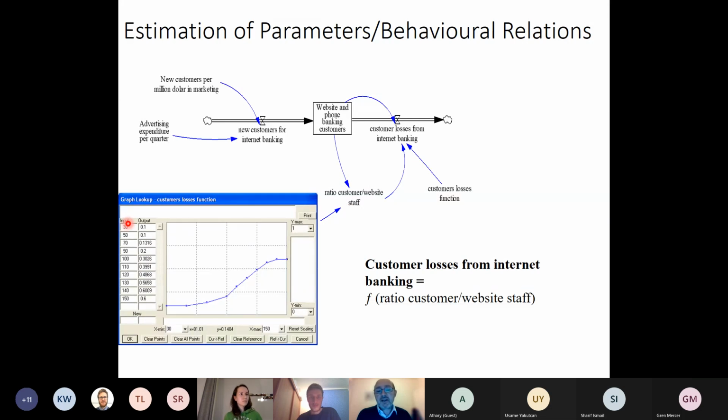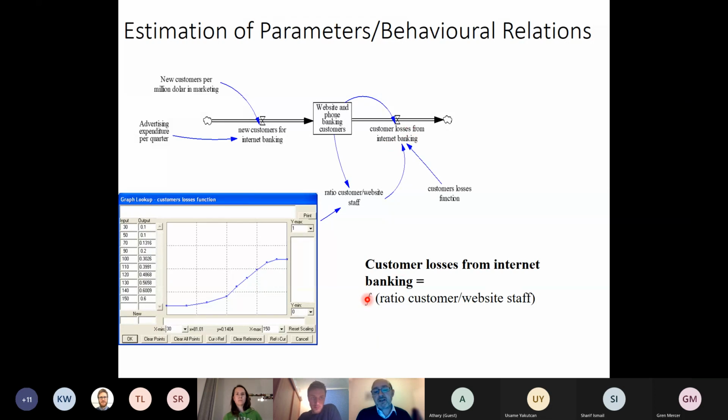So there may be 30 customers for each staff member, or you may have 150 customers for each staff member.